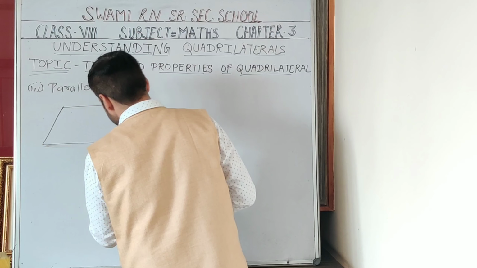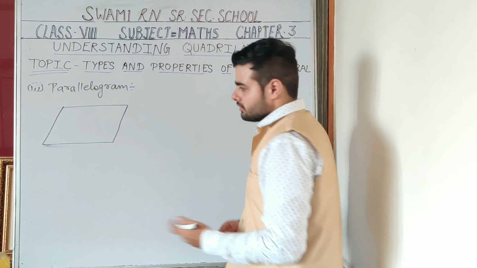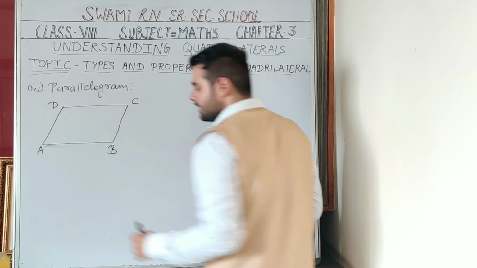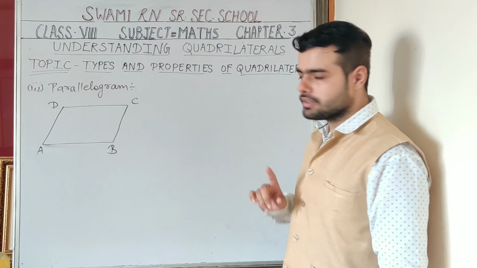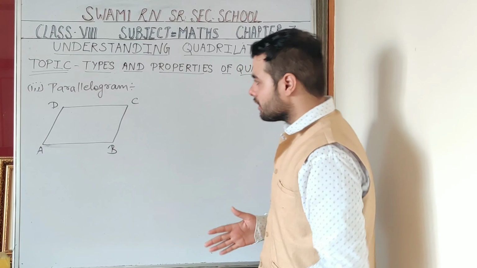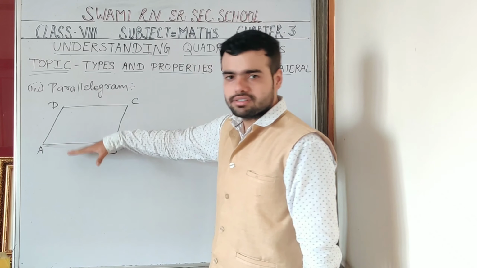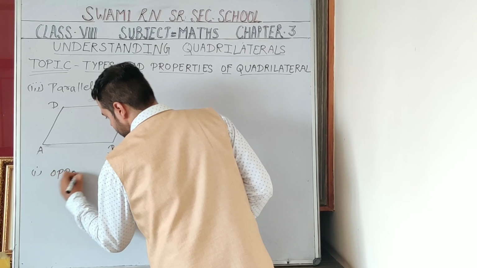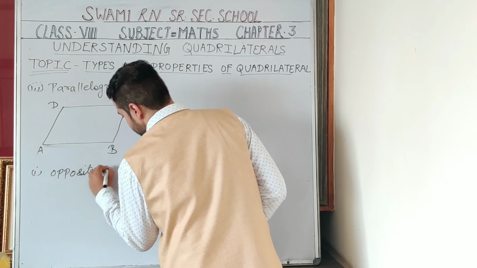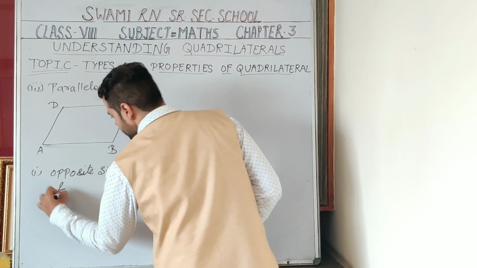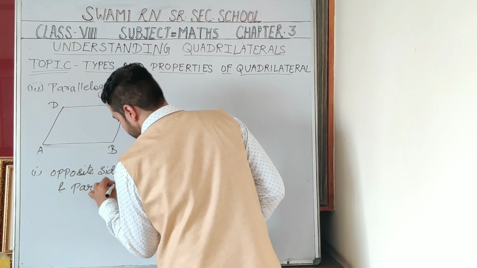Okay, students, you can see that. Now, we will take the names A, B, C and D. In the parallelogram, the first property is, as in a rectangle, opposite sides are equal and also parallel to each other. That is the first property, that opposite sides are equal and parallel.